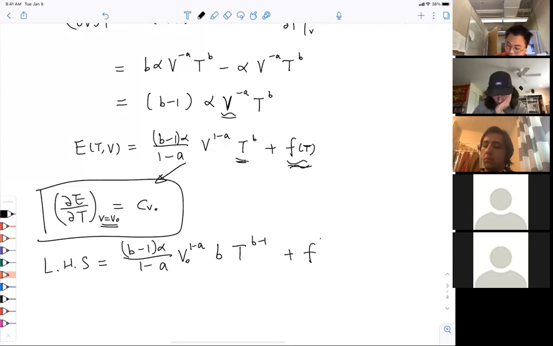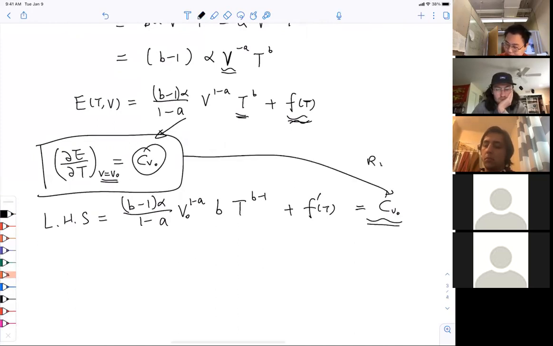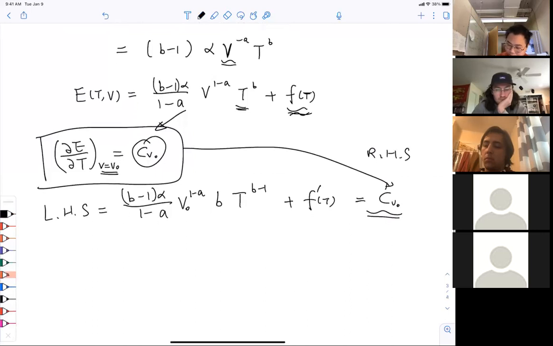By the way, correct me if I made any mistake. V naught equal to V naught. This is on the right-hand side. So we know what F prime is, which is C V naught minus the whole thing.